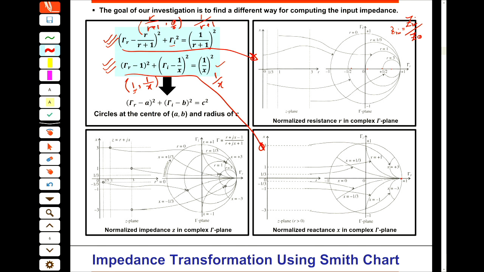These circles are only partly inside the Smith chart, and part is outside. We are always interested in the inside, because the absolute value of gamma is always less than 1. It cannot go outside 1.